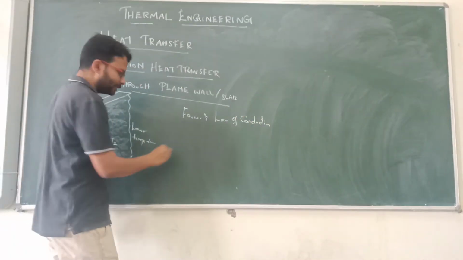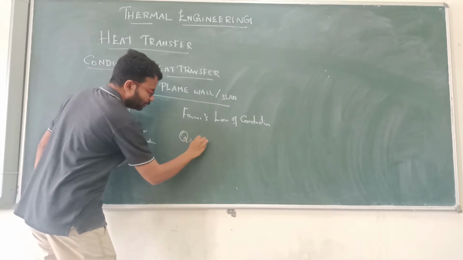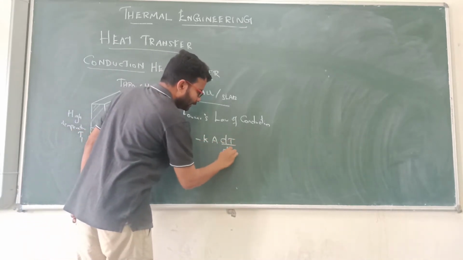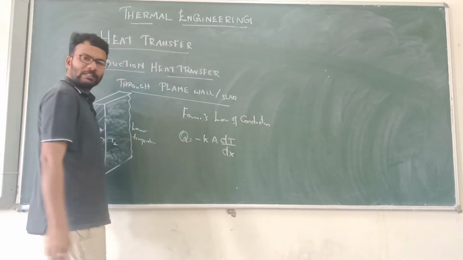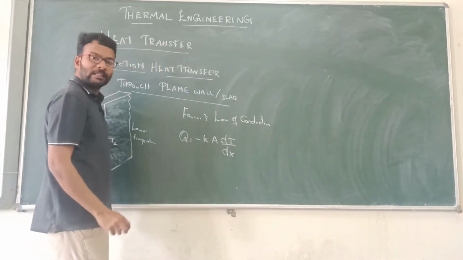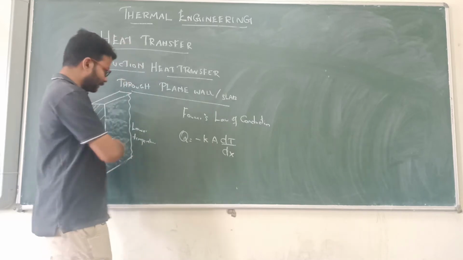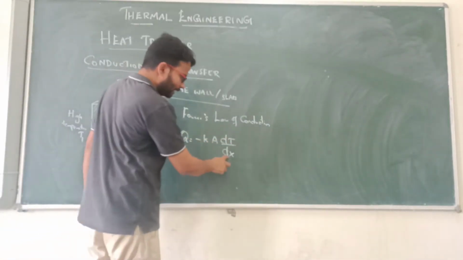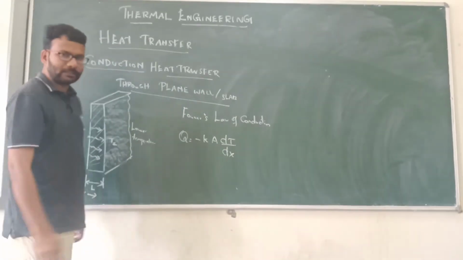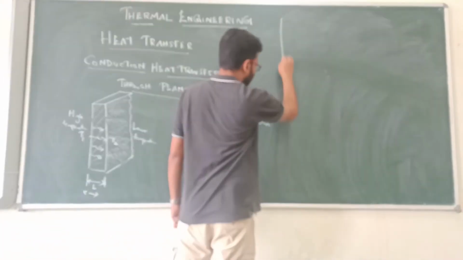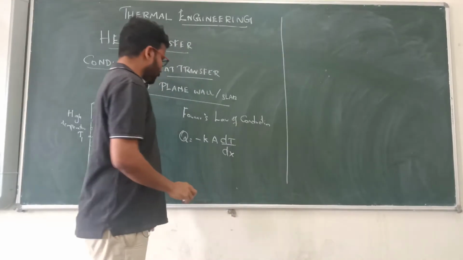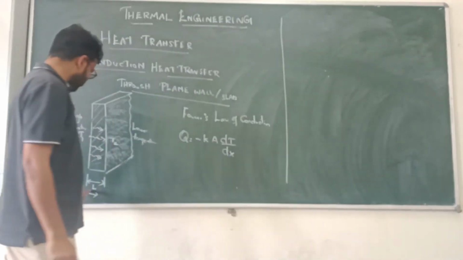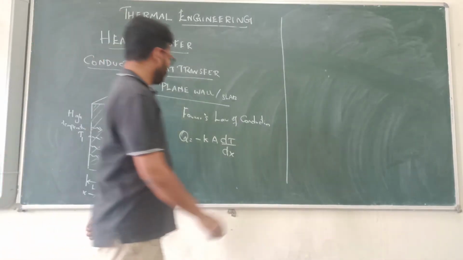According to Fourier's law of conduction, Q is equal to minus KA dT by dx. Q means heat transfer, K is thermal conductivity, A is the face area, dT is the change in temperature, and dx is the change in thickness. Now, what is the area here?